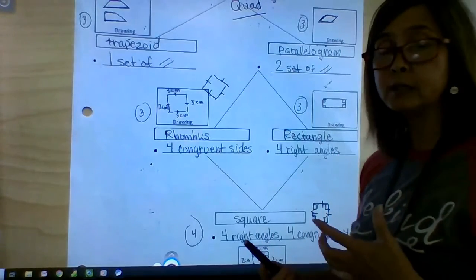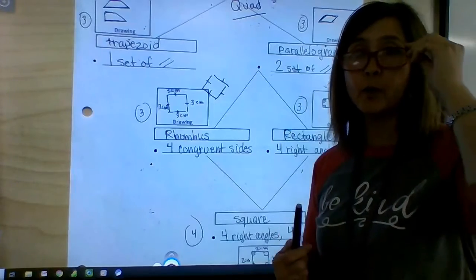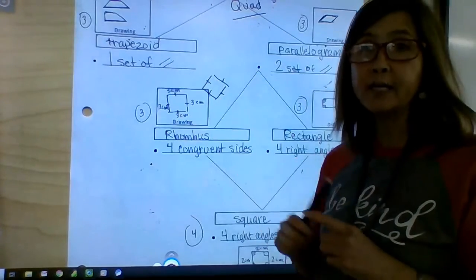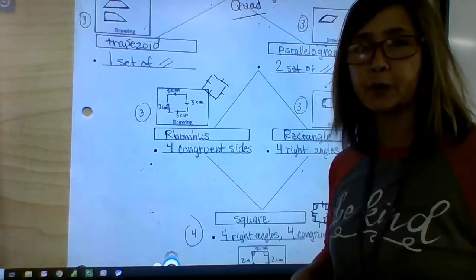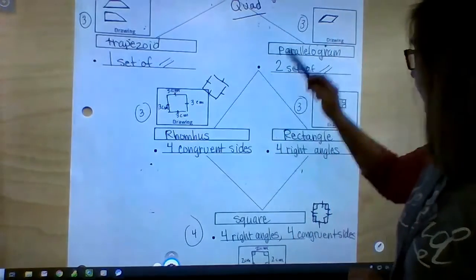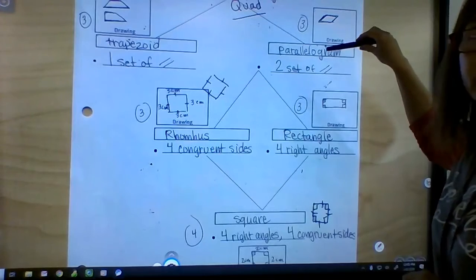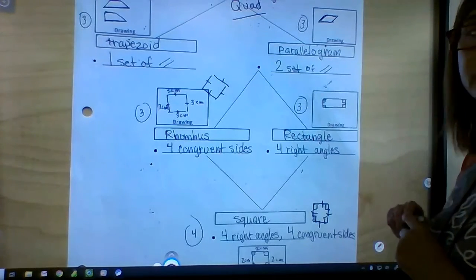So some schools, some other math programs, they use the definition where the trapezoid definition is at least one set of parallel sides. So that's a whole different story though, okay? So you need to know trapezoids have 1 set of parallel sides, okay? You need to know that a parallelogram has 2 sets of parallel sides. That's the definition that you need to know.